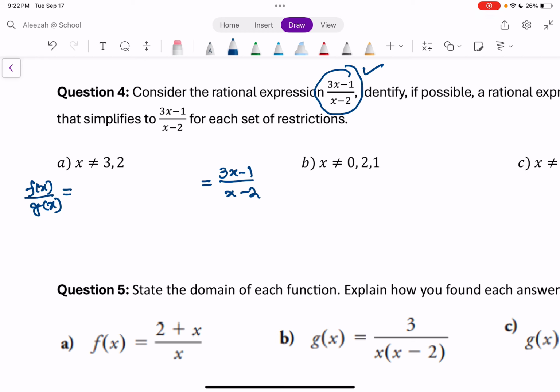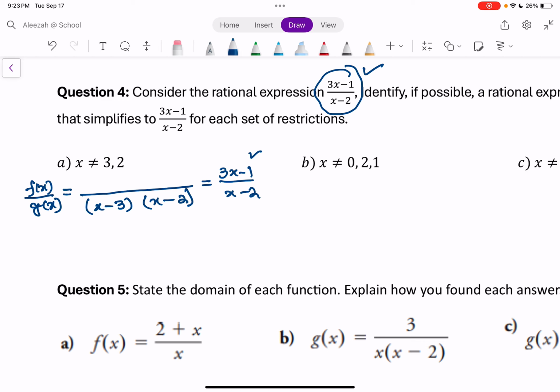Okay, now look at the restrictions here. The restrictions are x is not equal to 3, x is not equal to 2. So it means in the denominator, I must have x minus 3 and x minus 2. Now I have to figure out what gives me this expression as my answer.